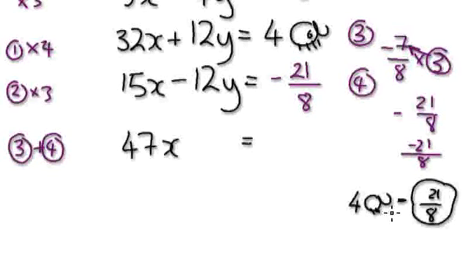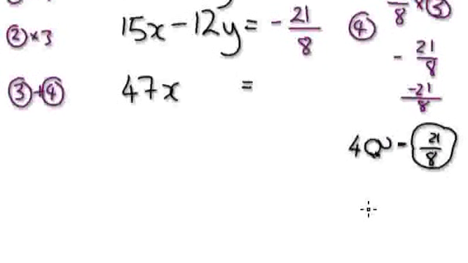So it boils down to 4 elephants taking away this fraction. So turn this bit into a fraction, so it becomes 4 elephants over 1, take away 21 over 8.